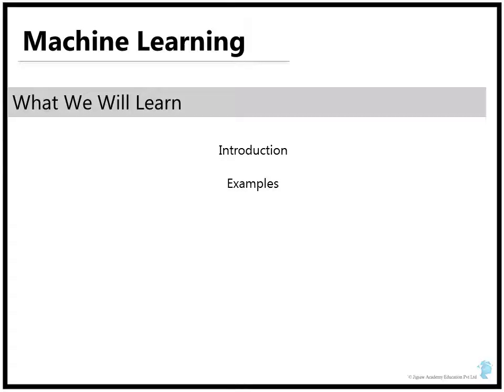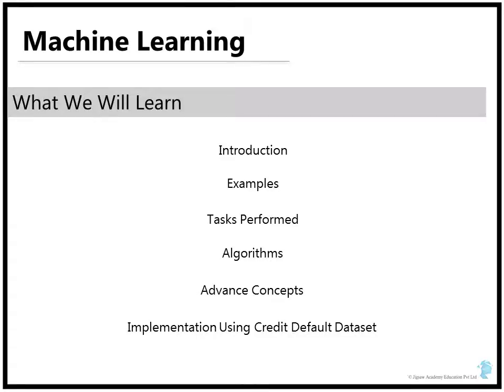Additionally, we will talk about different kinds of tasks in machine learning and get you up and running with how some simple yet useful machine learning algorithms work. Finally, we will take a deep dive into some advanced concepts in machine learning and, of course, how to implement them and work with them using our familiar credit card default dataset.